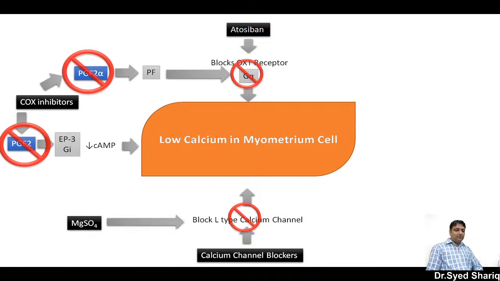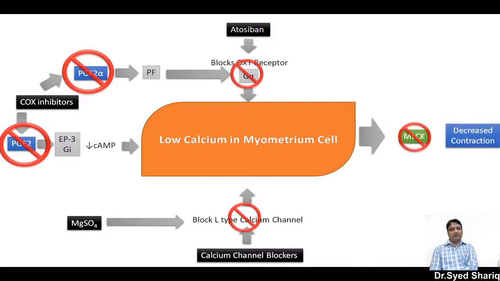Then magnesium sulfate also causes a decrease in calcium uptake by blocking the L-type calcium channel. All this lower amount of calcium causes myosin light chain kinase to not phosphorylate that much, and therefore the contractions are decreased.